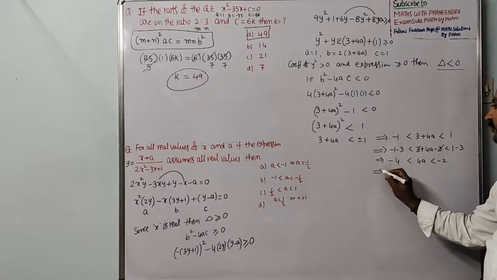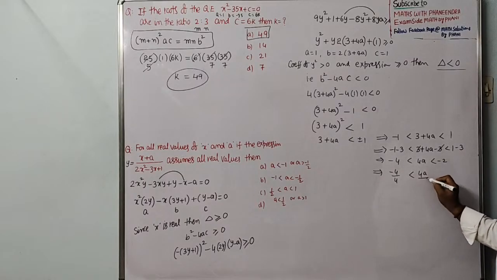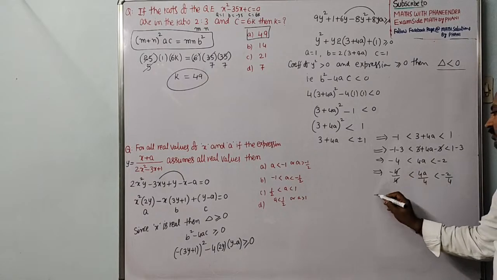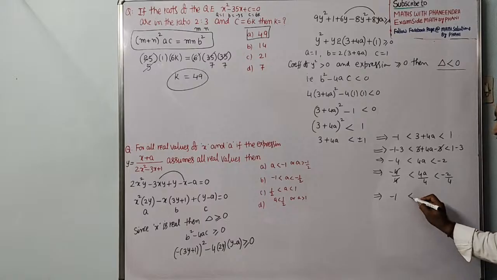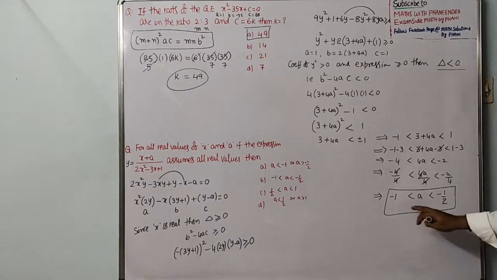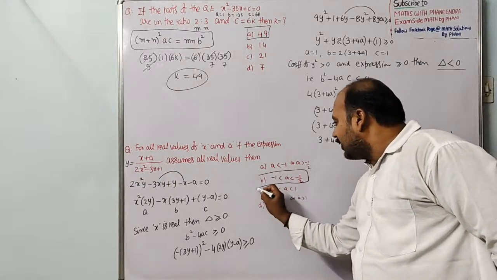Throughout dividing by 4: minus 4 by 4 is less than 4a by 4 is less than minus 2 by 4. So that implies that minus 1 is less than a is less than minus 1 by 2. So the value of a lies between minus 1 and minus 1 by 2. It is there in the second option, dear students.